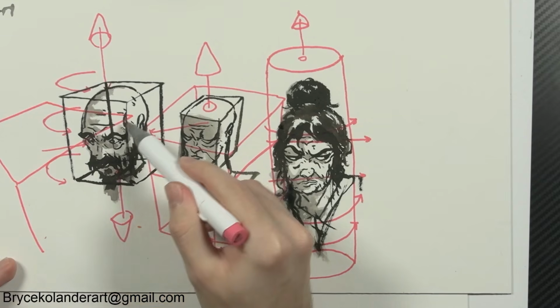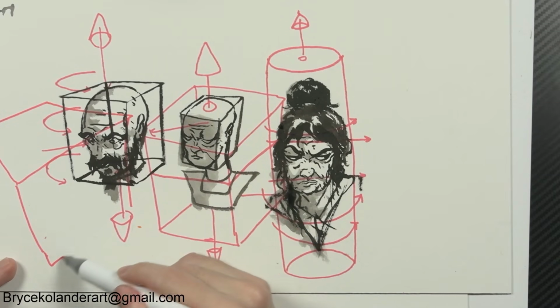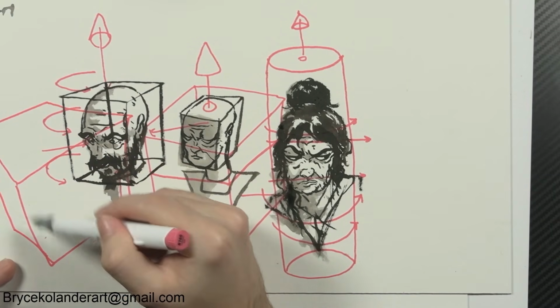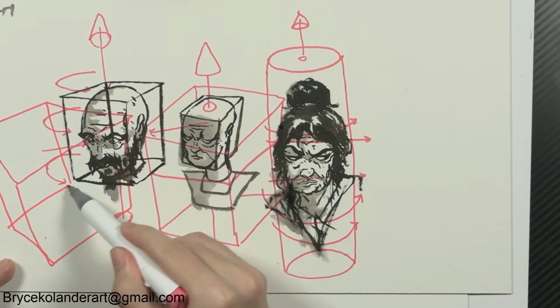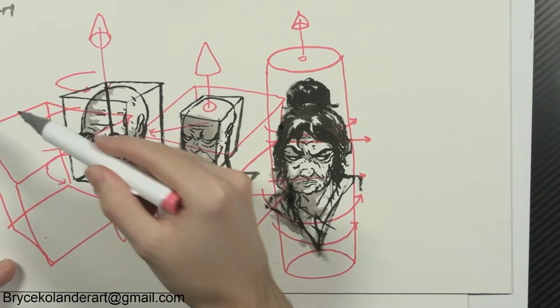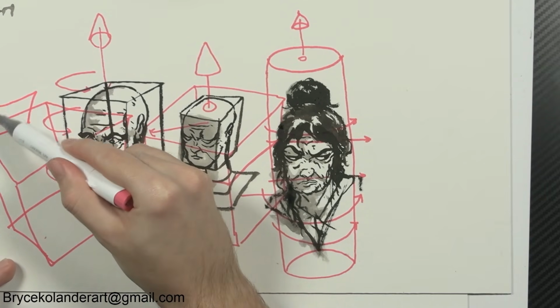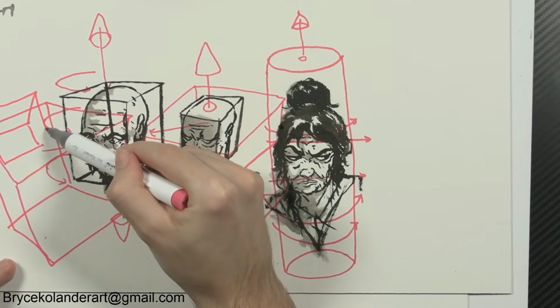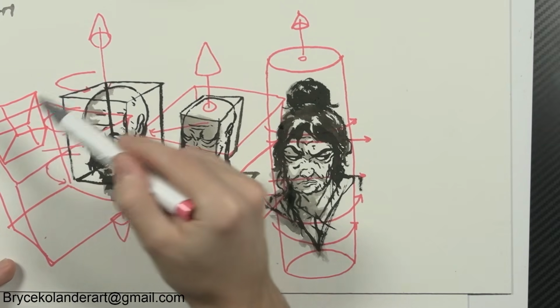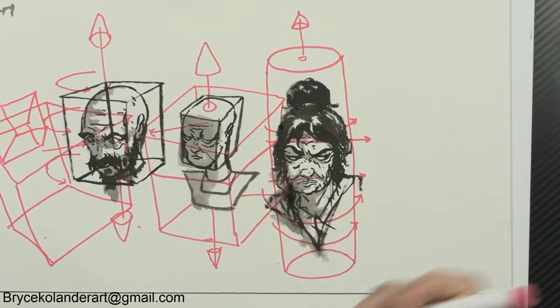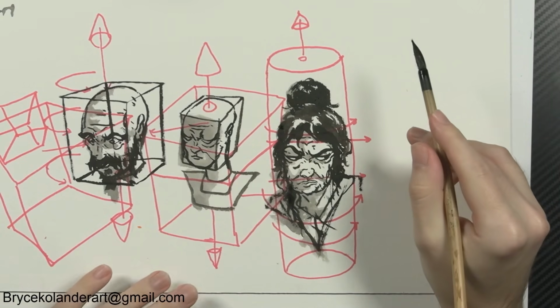If you get a lot of enjoyment out of feeling out the space on the page, then you'll probably get a lot of mileage and value out of that. And that might be the way to go.